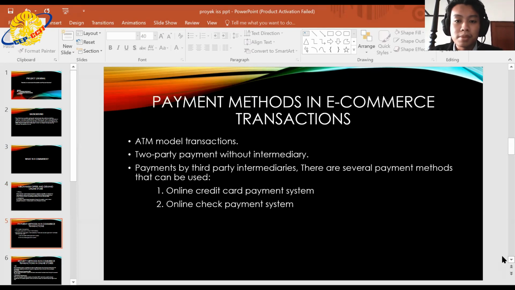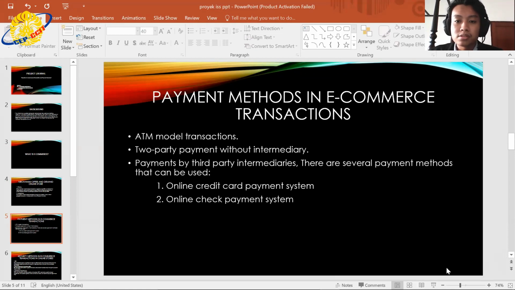Okay, these are the payment methods in e-commerce. First, there is the ATM model transaction. Basically, this transaction involves the online store and the account holder who will make the payment from their account. Then there is the two-party payment without intermediary.